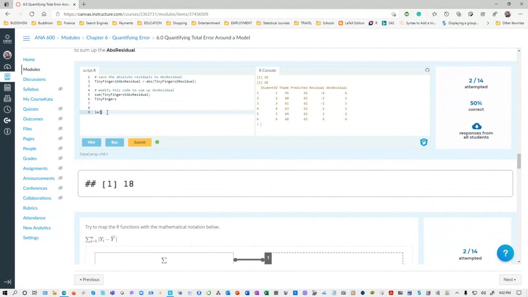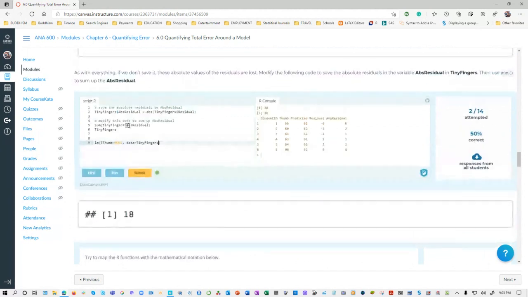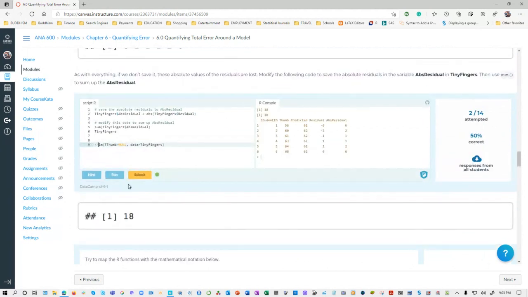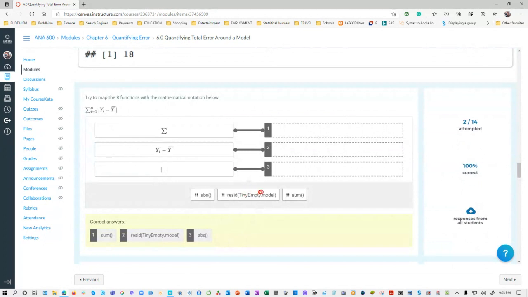See? lm, linear model. You ran the model with this one. Then you put Y. Y is your what? Thumb. Okay. Then tilde. Can you remember? When you put null, then you were talking about the data. Data is the tiny fingers. You wrote it like this. Tiny fingers. Now we save that one to something called tiny empty dot model.